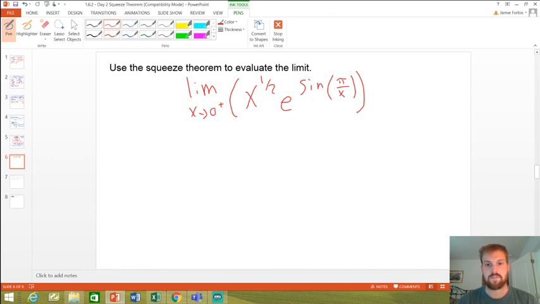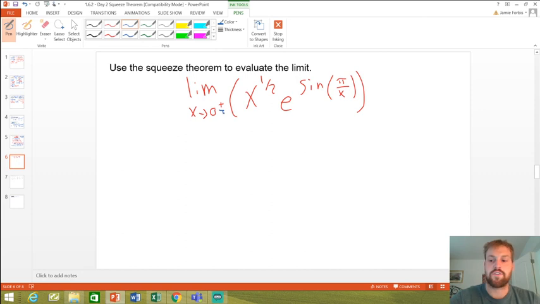Now this is a crazy mess, but if I plug 0 into this, and the reason it's specifying 0 from the right, well, there's really no reason actually, to be honest with you. So you can choose to do it however you want. The fact that plus is there doesn't mean anything, so don't stress about that.